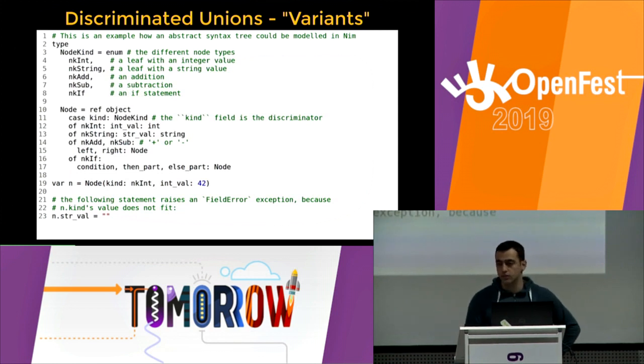And if it's an if statement, for example, it will have a condition, a then part, and an else part, which are also nodes. And then when we create a node and we give it that it's of type integer and an integer value, accessing the string value is a runtime error because it's constructed as an integer value. And this is provided by the language instead of trying to implement it in thousands of lines of code in C++, for example.